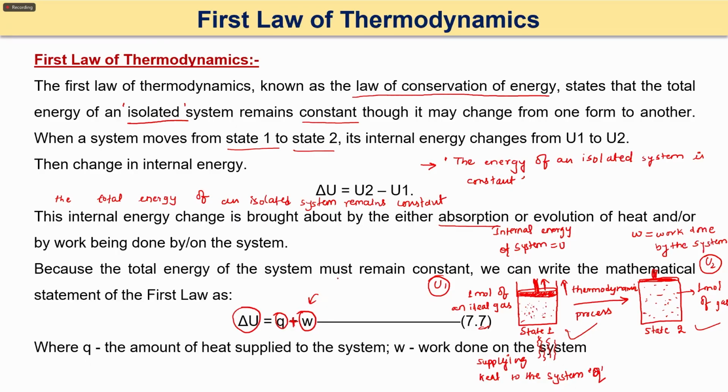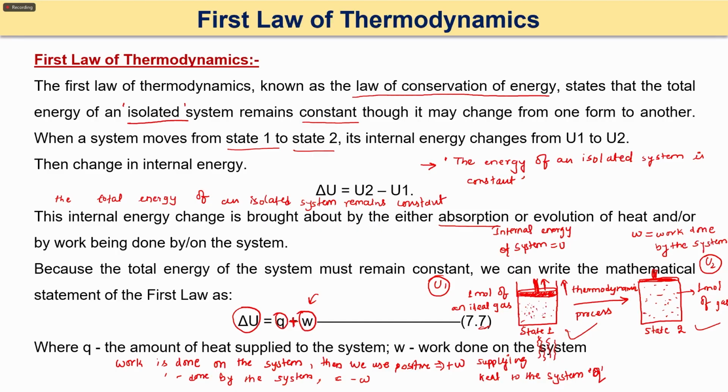Let me again clear it. If work is done on the system, then we use the positive sign, that means plus of W. And if work is done by the system, like if your system is doing work, then we are going to use minus of W. So this is the reason why they have used plus of W over here, because here work is done on the system.